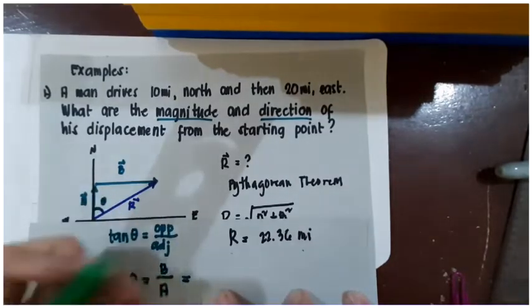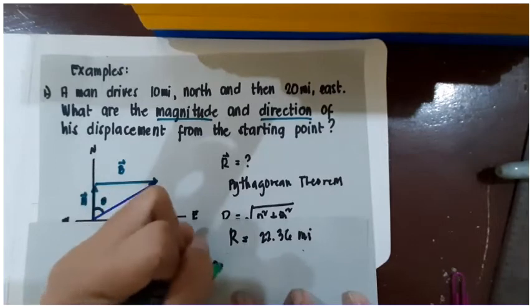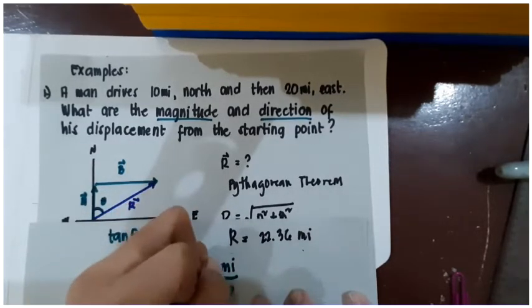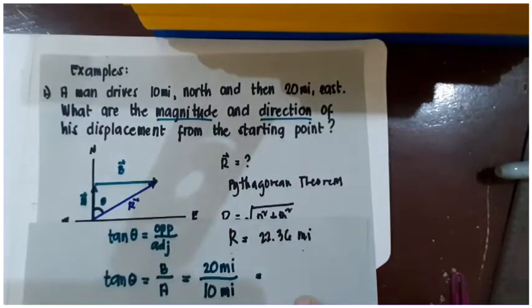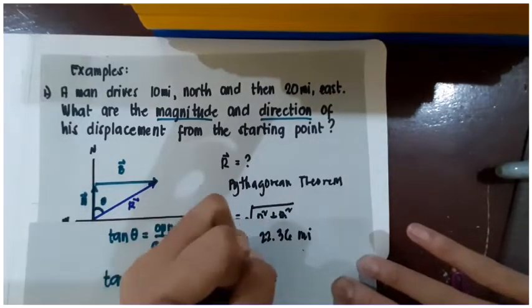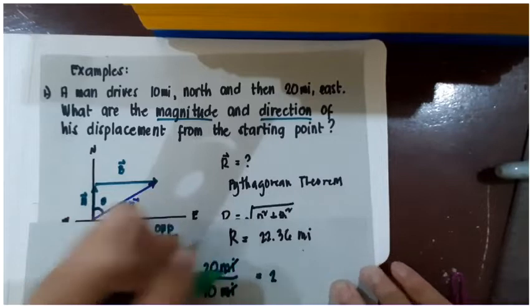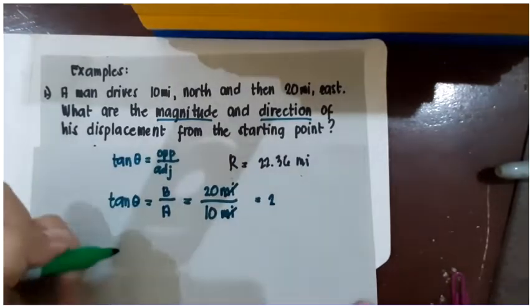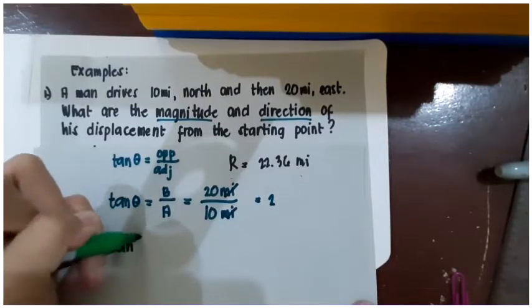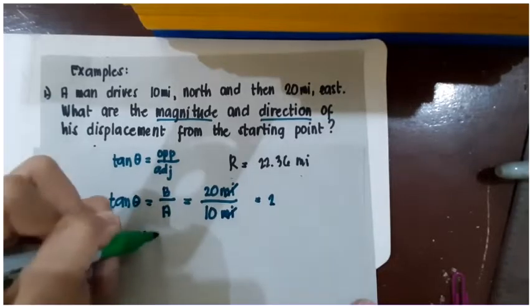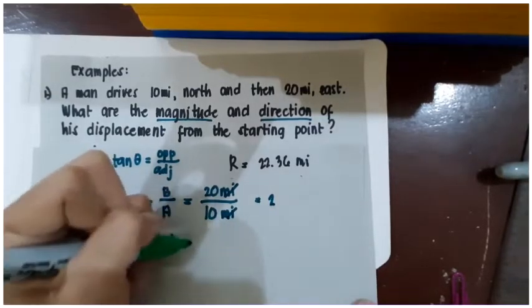B is 20 miles over 10 miles. That's just 2. Then you perform the tan inverse, or theta is equal to tan inverse of 2.